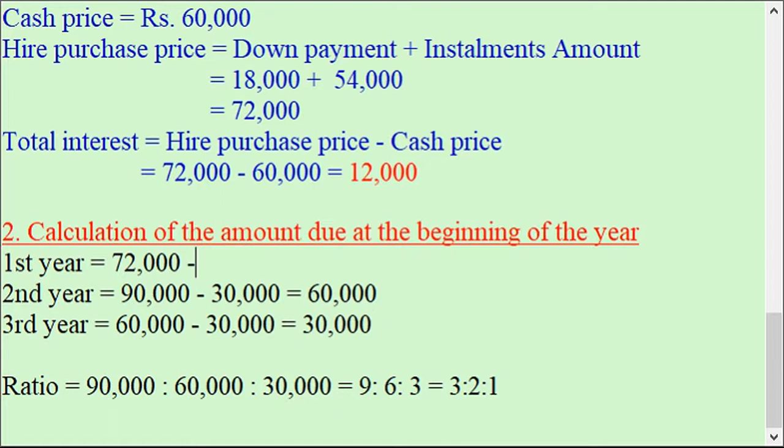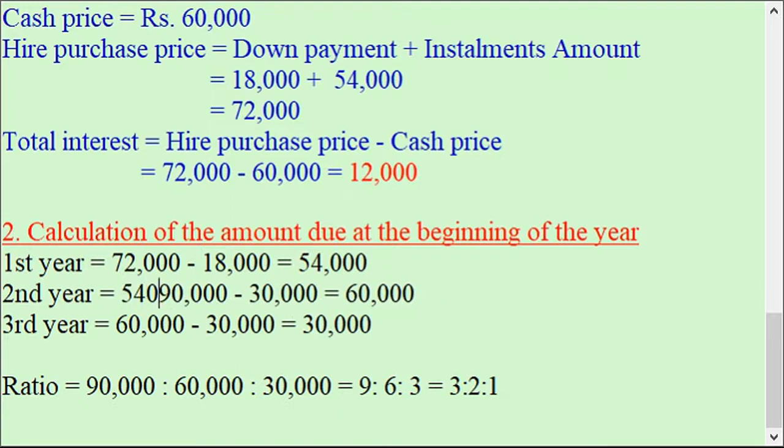When you take the product, you are making a down payment of rupees 18,000. So the amount due at the beginning of the first year is 54,000. Second year, 54,000 minus; second year beginning means the first year is over and you have paid the first year installment. First year installment was 24,000.